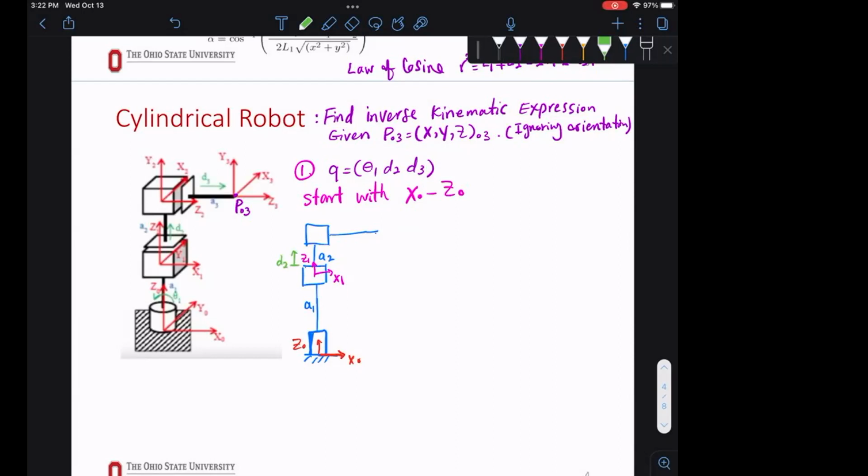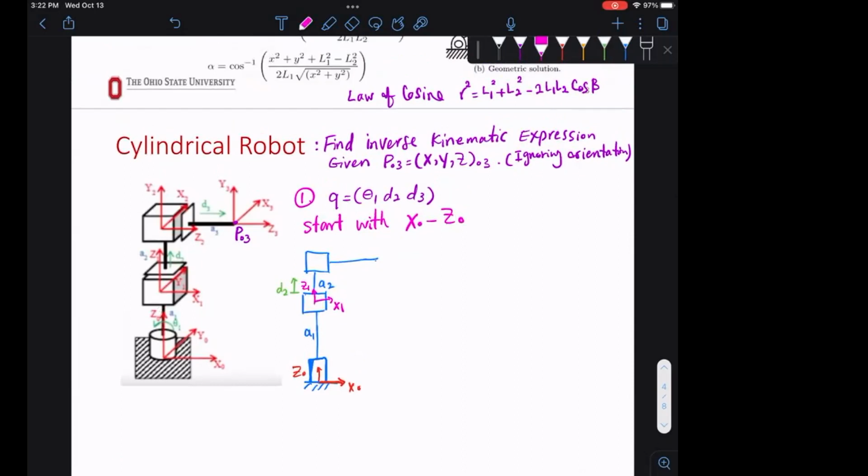That is completely independent, and I will see the whole thing. Then here, Z2, Y2, and the last frame here, Z3, Y3.